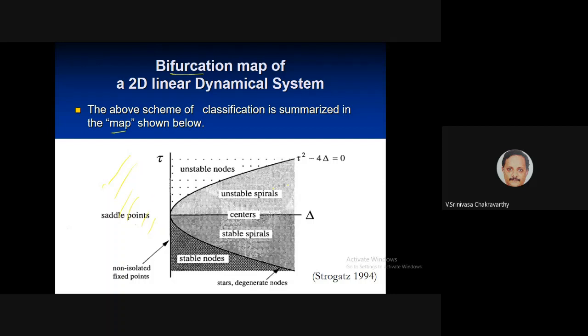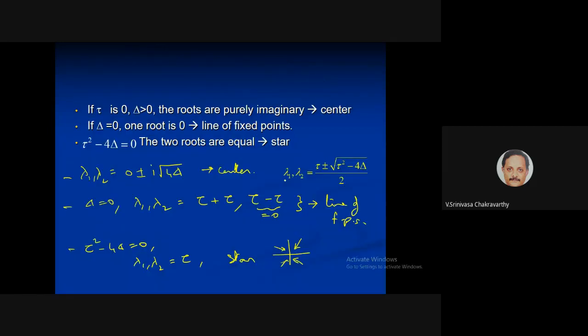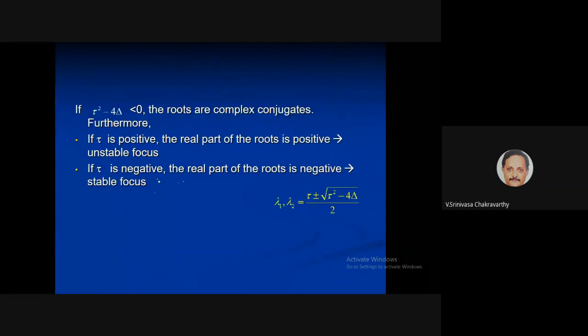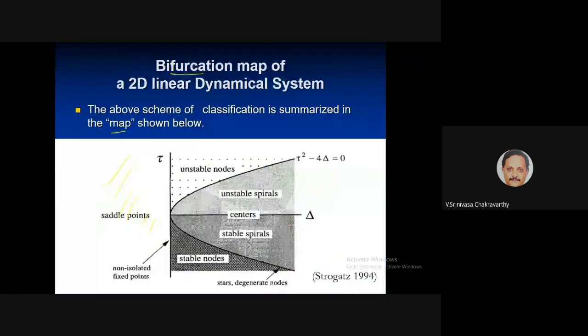Now for delta positive, if tau square minus 4 delta is greater than 0, and tau is positive, you have unstable nodes. Unstable nodes, this part. Similarly, if tau is negative for the same condition, you have stable nodes.